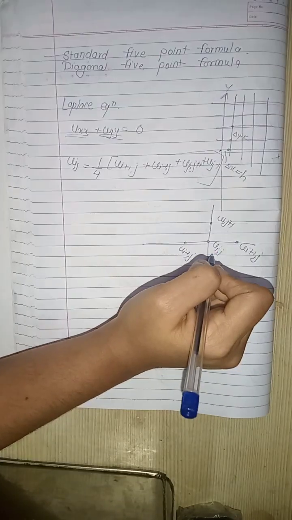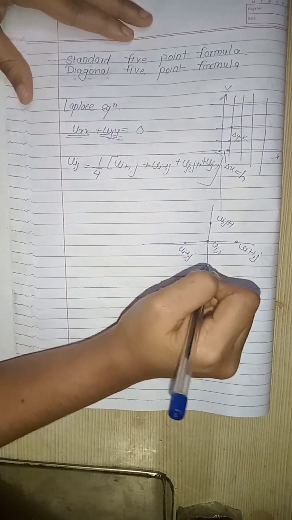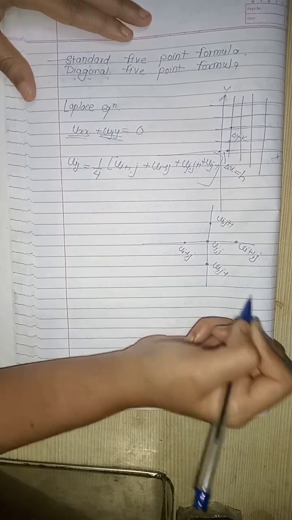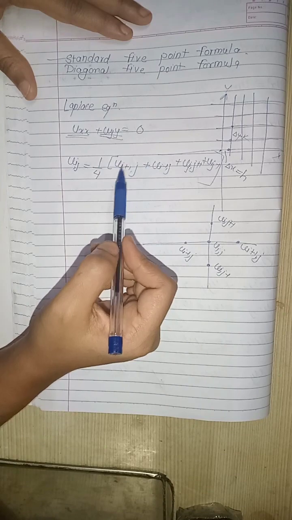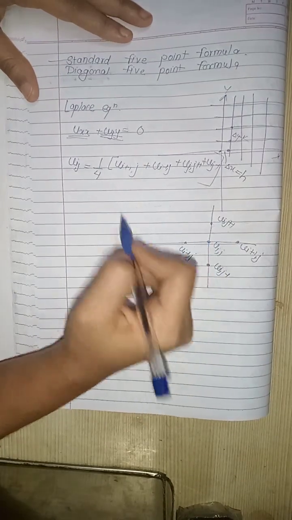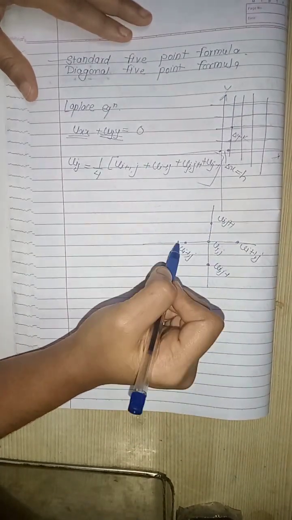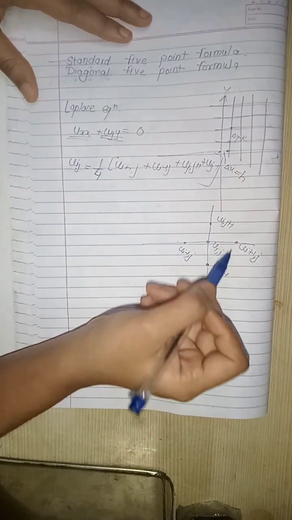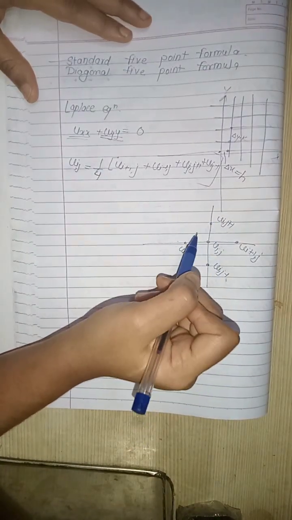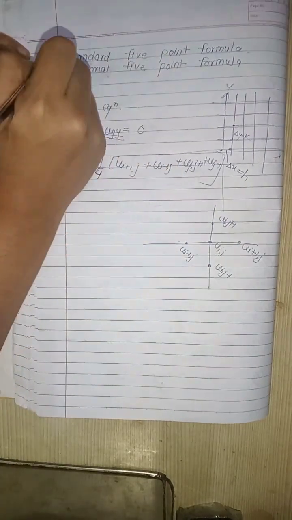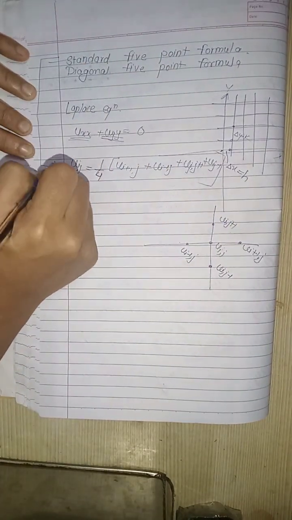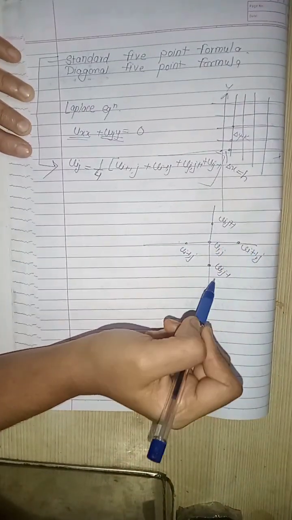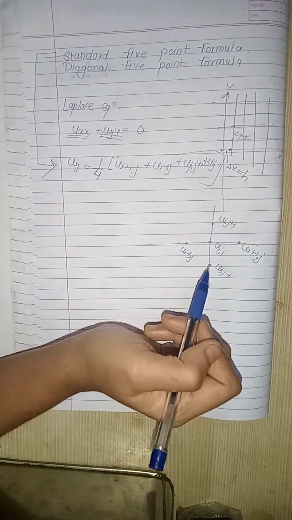When you go in the negative or backward direction along the y-axis, you have the point ui,j-1. So the addition of these 4 points divided by 4 is nothing but the average of these 4 points. The standard 5-point formula is the average of these 4 points along the x and y directions.